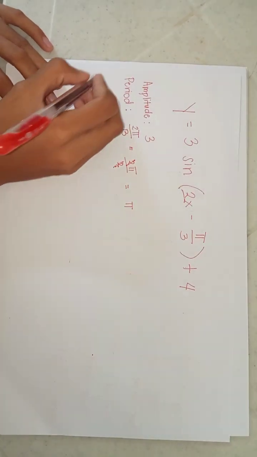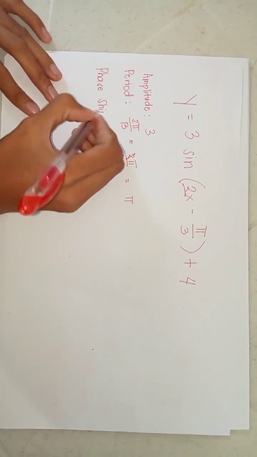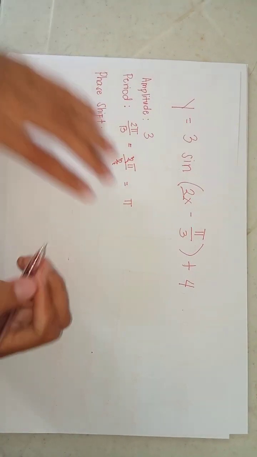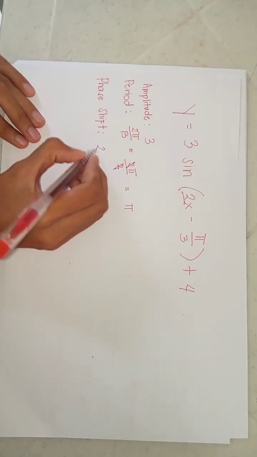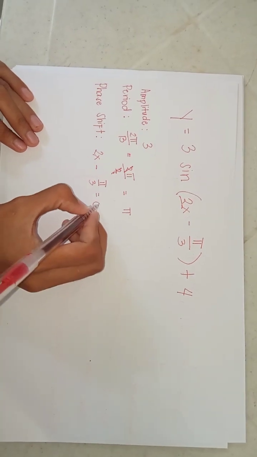In order to get the phase shift, we can equate this equation to 0. So we have 2x minus pi over 3 equals 0.